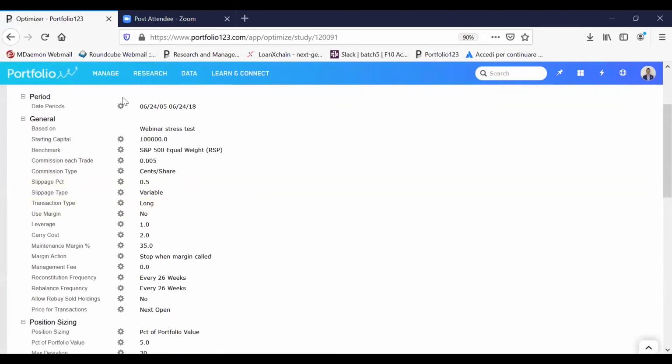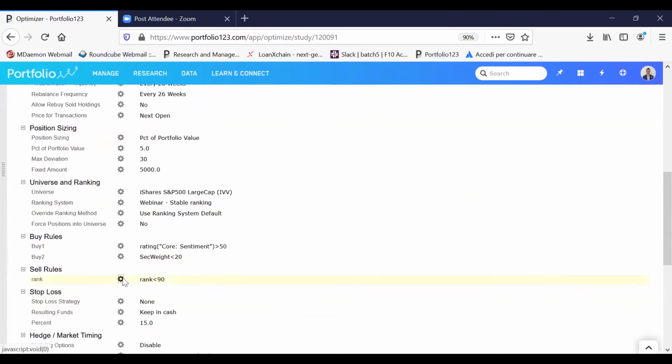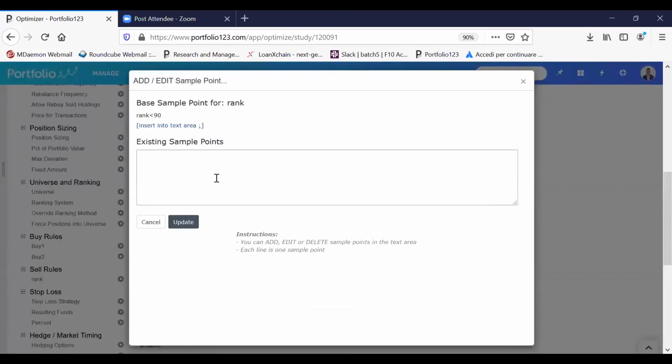So in here, you can launch multiple simulations at the same time by tweaking different variables. So let's say that you want to test different sell rules.